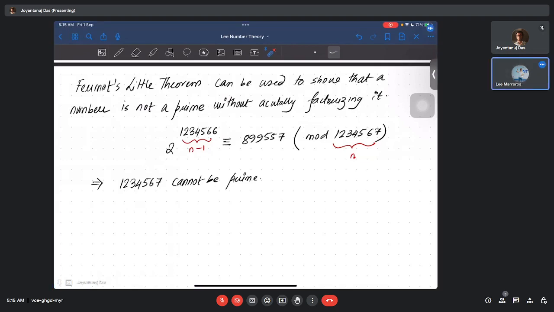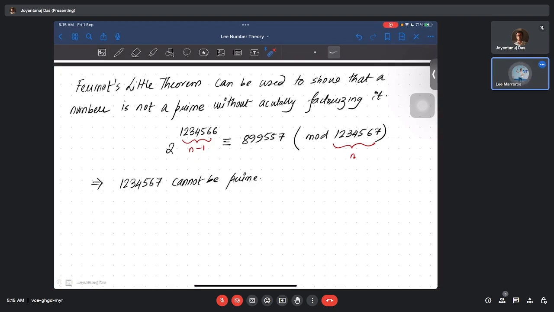So this is number n, and we get that 2 power n minus 1 is congruent to this number modulo n, but that is not congruent to 1, right? But if it was prime, it should be congruent to 1 mod n, by Fermat's little theorem.